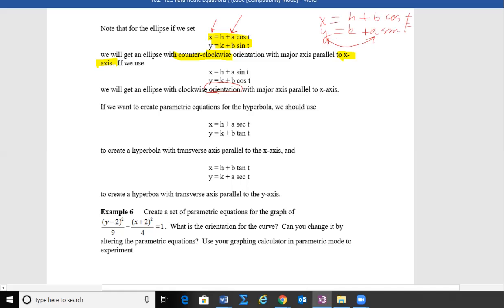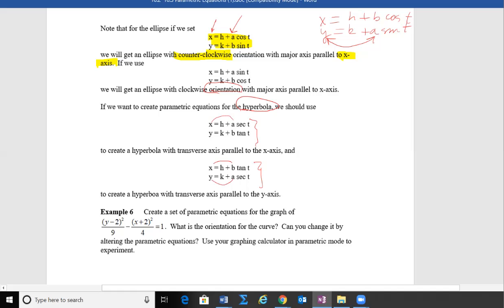So if you associate the a, now the next thing is the hyperbola. How do you get that? Well, these are the equations that we would use for the hyperbola, this set or that set, one or the other. Here x and b are together, and here y and a. It just depends on which one it's associated with.